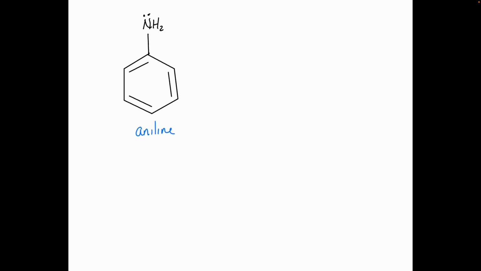And that amine group on there was one of the most activating of all of those functional groups, right? You had a lone pair located directly next to the ring here. That lone pair can be added to that ring, making it an even better nucleophile. So this is one of our strongest activators for that electrophilic aromatic substitution reaction.